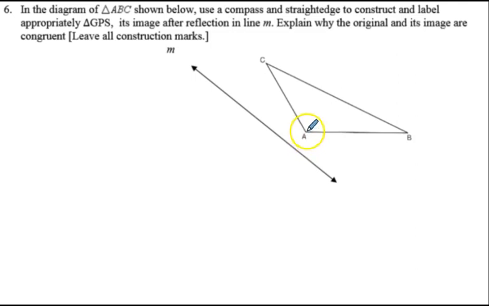Okay, so we have a triangle ABC. Using a compass and straight edge, which I will not be able to do here, I will construct and label triangle GPS. So I know A would correspond with point G, B will correspond with P, and S with C, after reflection in a line.